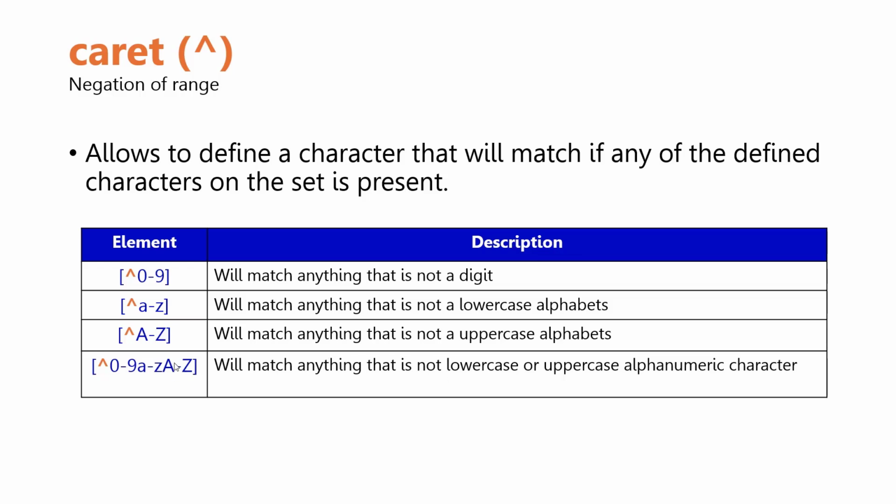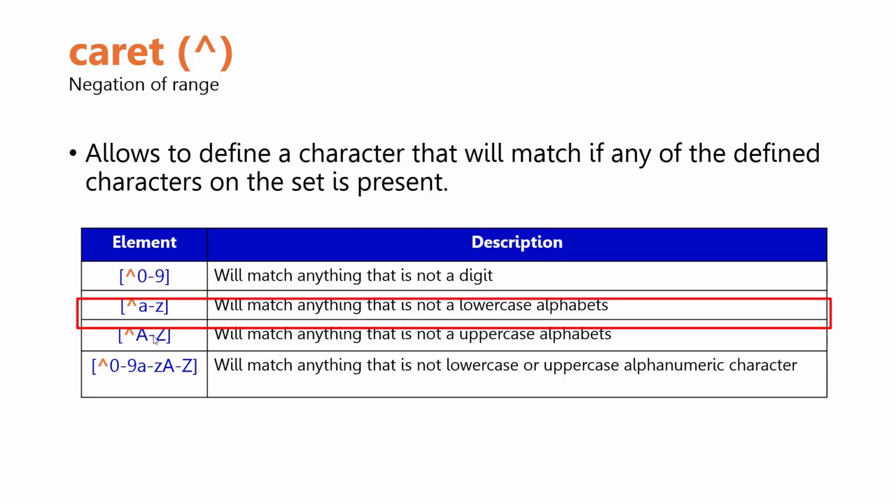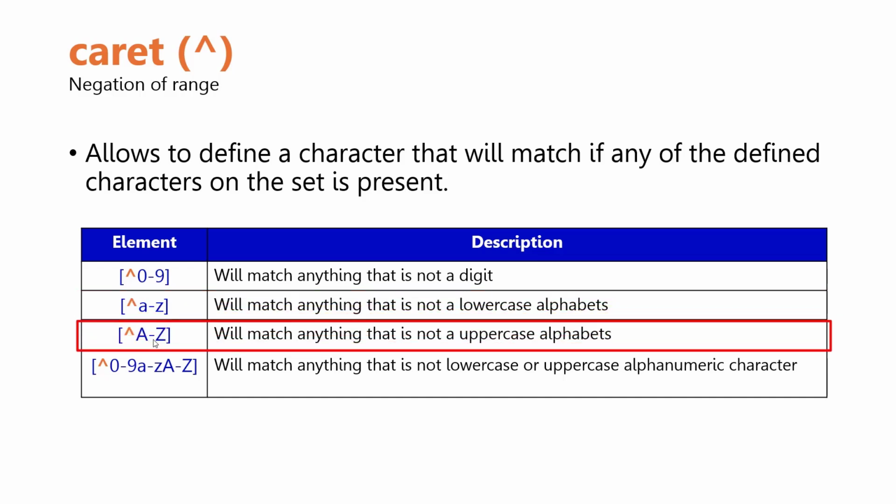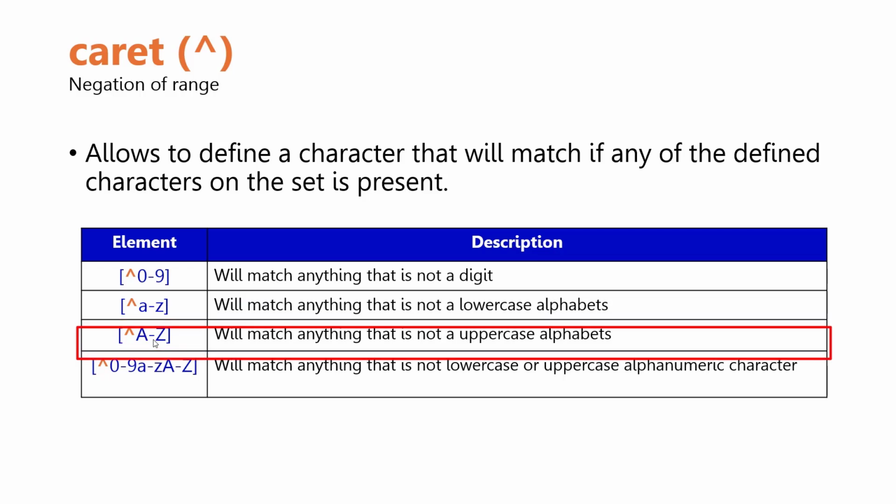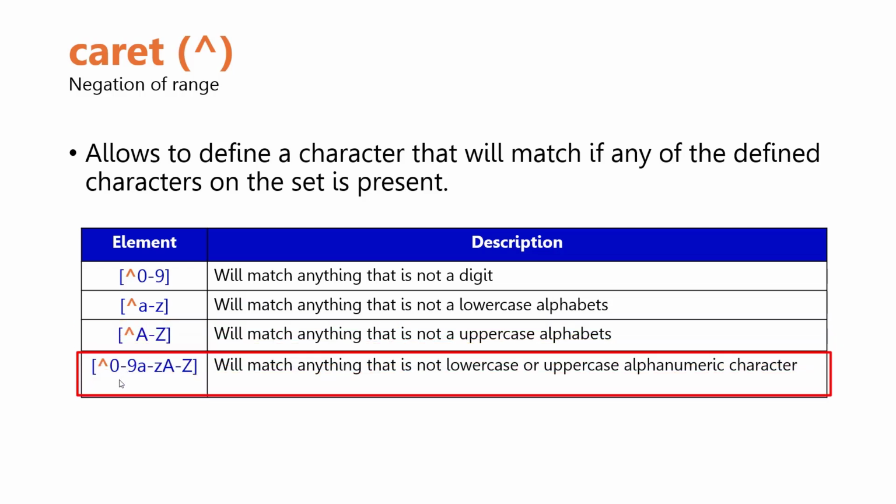Here this negated a to z will match anything apart from the lowercase alphabets, whereas this will match anything apart from the uppercase alphabets, whereas this will match anything apart from the alphanumeric, whether lower or upper. Such an operation is also possible with the set of characters within the square brackets, and again, the meta character that we are using to make it a negate is caret.